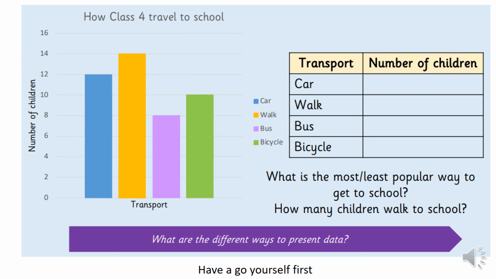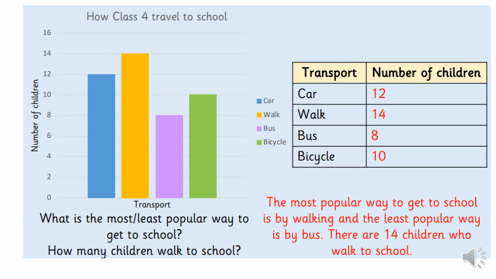Here's another graph. Have a go first. Take a pause in the video. So again, I'll look at the graph here, and this time we have a key on the side telling us the colours.